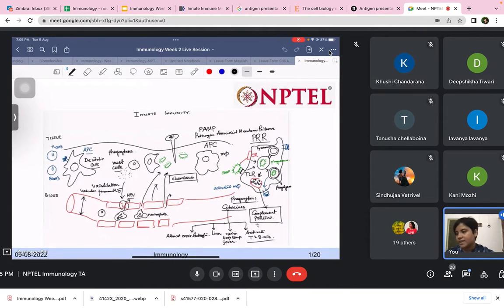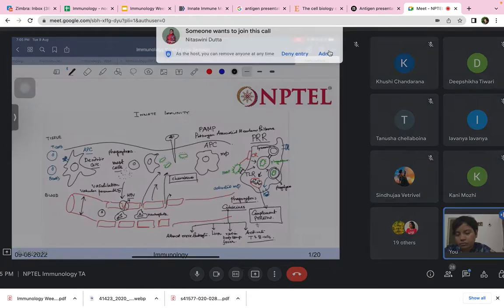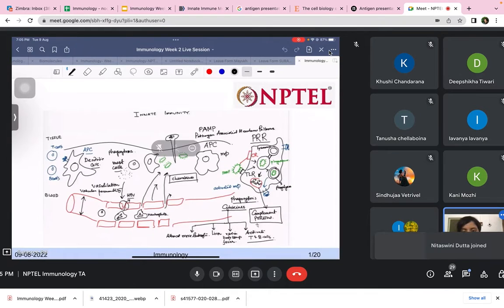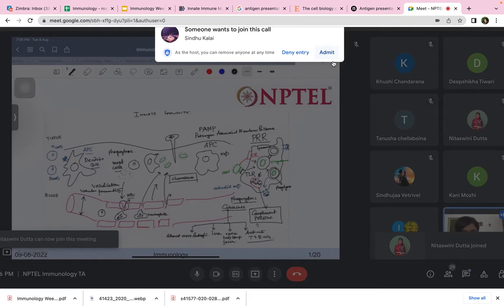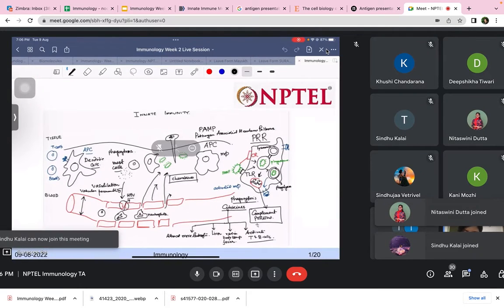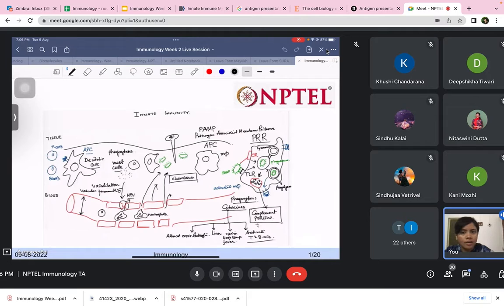In last week's session, we were going through these two terms, innate and adaptive immunity. As we discussed, innate immunity is the first response that is mounted when there is an infection. When a pathogen enters into our system, the first response that is generated is the innate immune response.